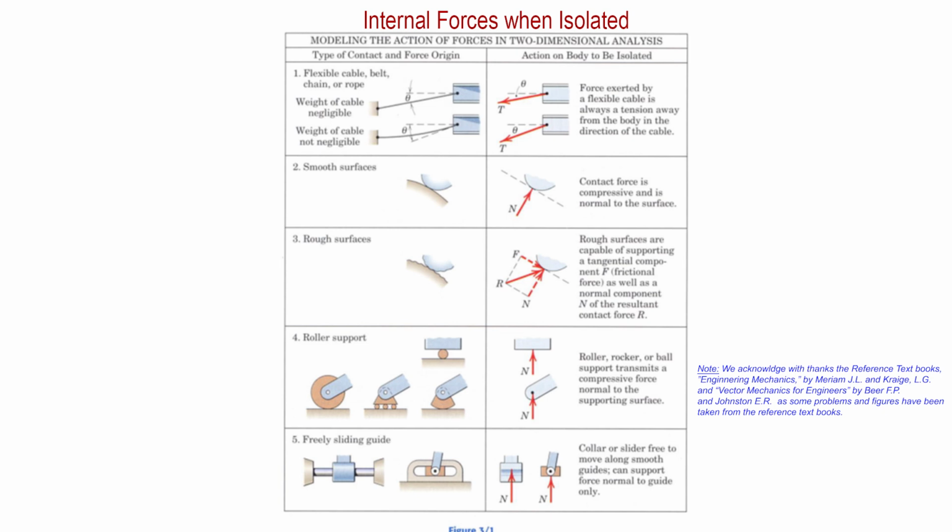This rope, you know, can only apply a force in the direction of the rope, an axial force if you call it, and it will be just one force. On the right side you can see that the rope, if it is removed from the beam, is replaced by a T at a certain angle theta.